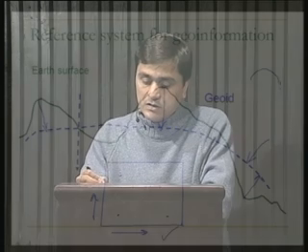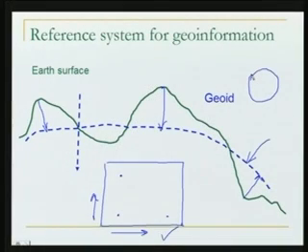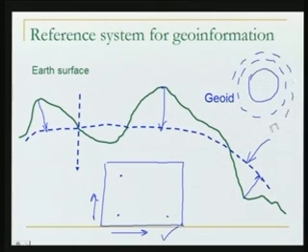Well, as we said, the geoid is an equipotential surface, and if our earth is a perfect sphere, its geoid will also be spherical, provided the distribution of the gravity force all over the earth is uniform, or we can say the mass of the earth is uniform. So we will have a spherical geoid like this.